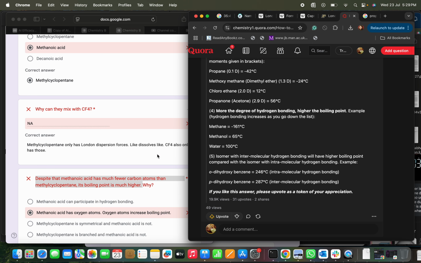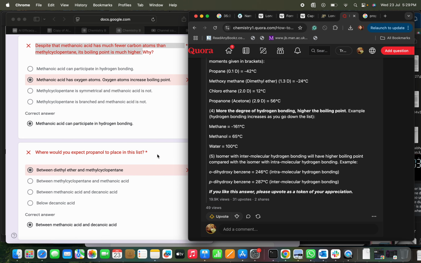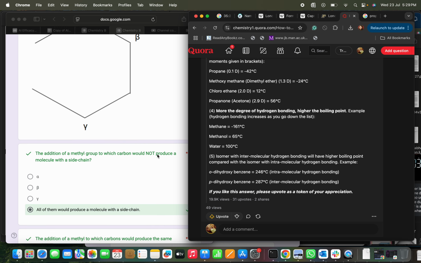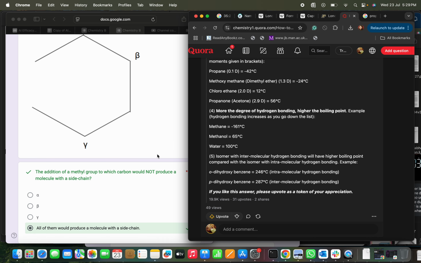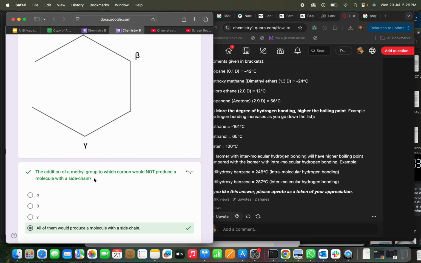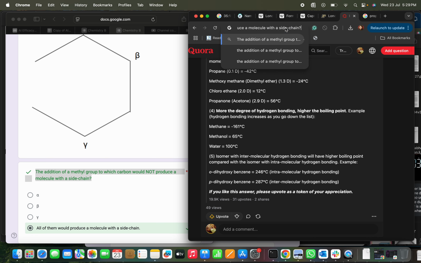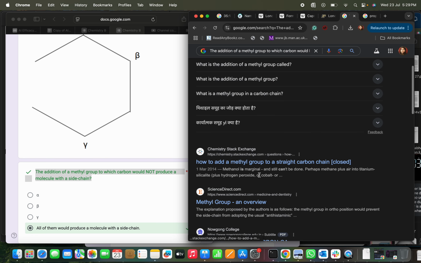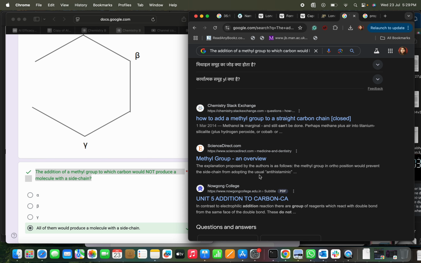The addition of a methyl group to which carbon would not produce a side chain? I'll just try putting the question as it is. Maybe I'll get something out. How to add a methyl group to a straight carbon chain?